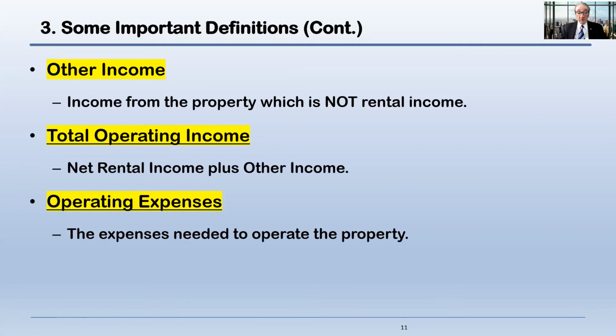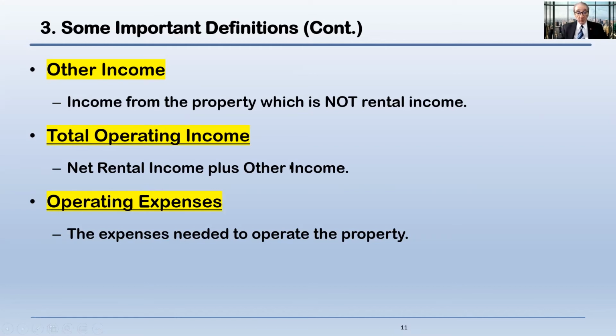So anyways, when you add the other income to the net rental income, that brings you to the total operating income.